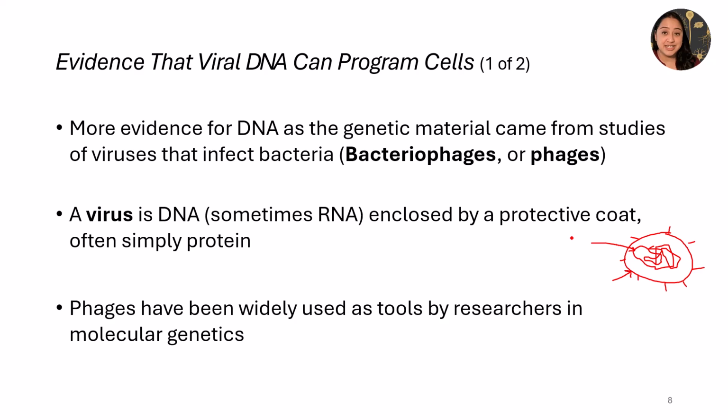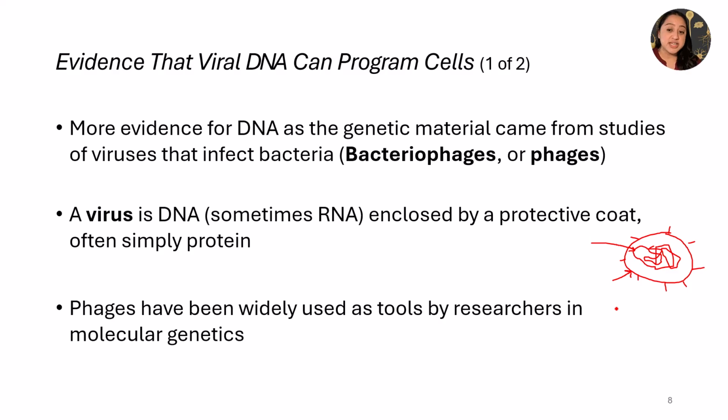And they're tiny, tiny, tiny. So even though we show them as possibly a circle, or maybe with a weird shape, like a tetrahedron or whatever, keep in mind that they're tiny and they are not cells. A virus is just those two things, the protective coat, usually protein, and then DNA or RNA inside.